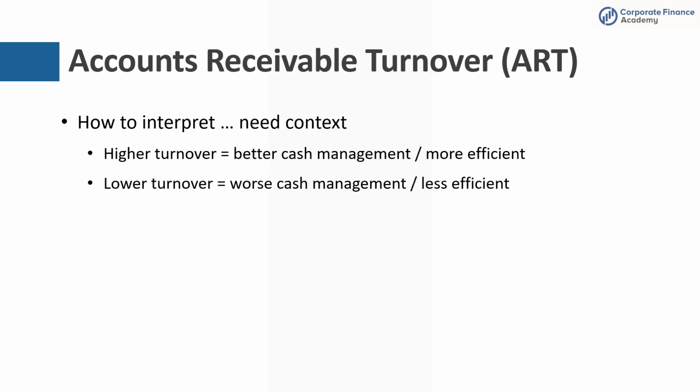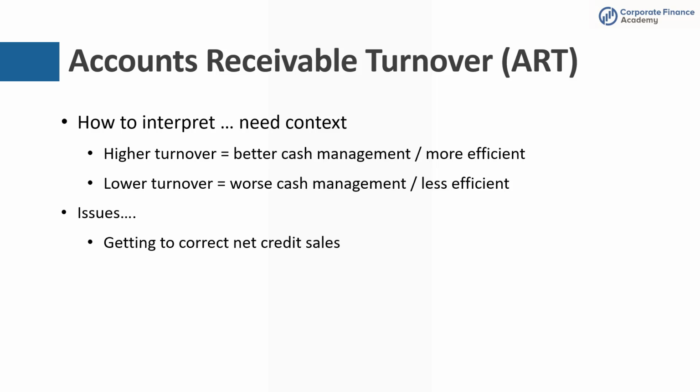And you have some of the same issues and same things you should look at, like when we talked about DSO. What are you trending? Is it going in the right direction? What are your terms? And that's where AR turn days comes into play. If you understand your terms, you want to compare your terms to those AR turn days.